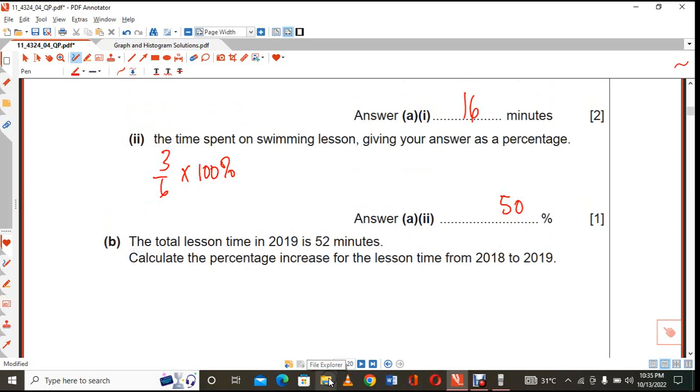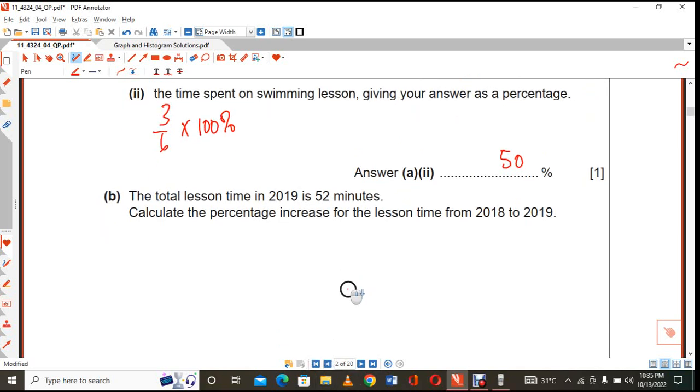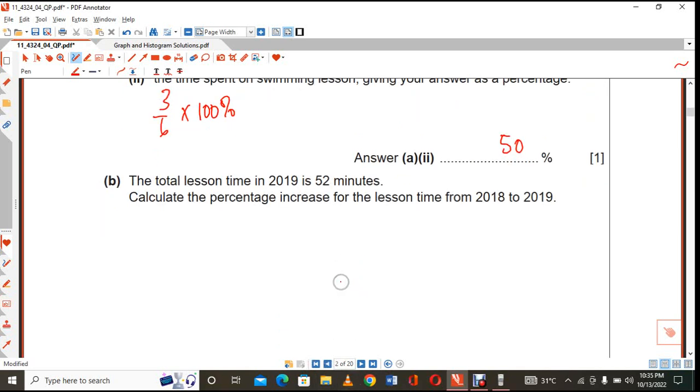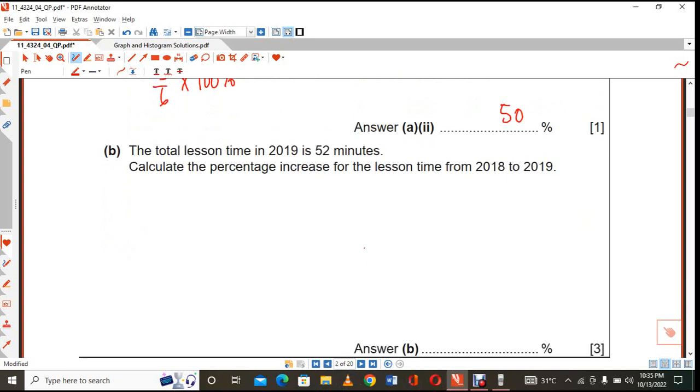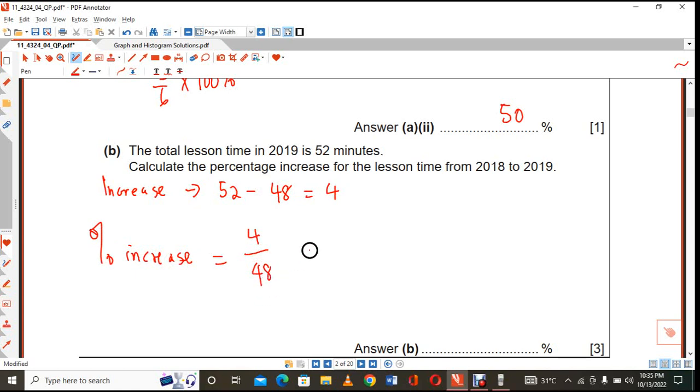The total lesson time in 2019 is 52. Calculate the percentage increase from 2018. So the increase is going to be 52 take away 48, and then you agree with me, it's 4 minutes. So the percentage increase therefore will be 4 over the original one, over 48, and then you simply multiply that by 100.